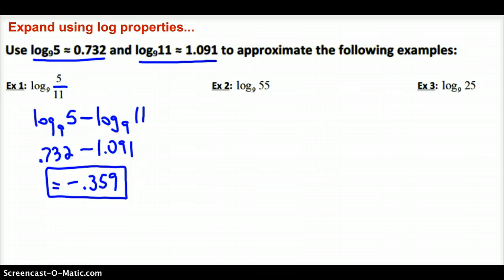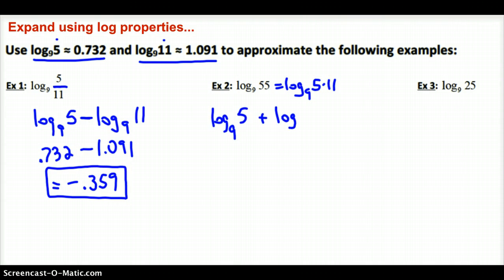Example 2 here, this really equals the log base 9 of 5 times 11. And again, the reason I want that is because we want to use 5 and 11. Since this is a product, I can use the sum property and set it up like this, which equals 0.732 plus 1.091, and we get approximately 1.823.